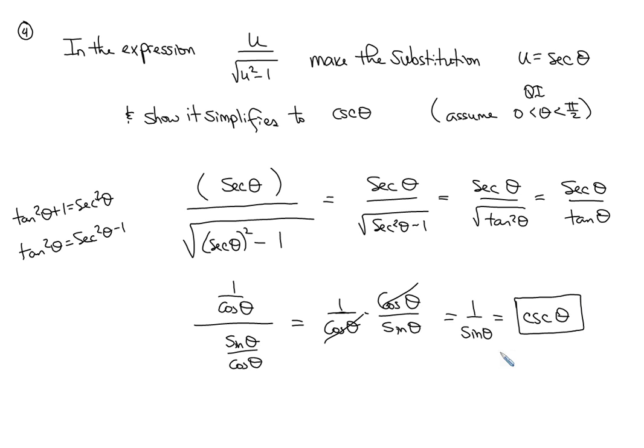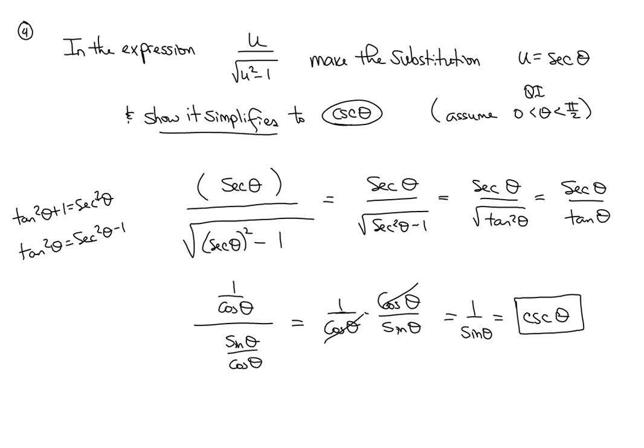Now, how did I know to keep going from 1 over sine theta to cosecant theta? They told us to show that it simplifies down to that. If they did not tell us to show that it simplifies down to anything in particular, if they just told us to simplify, then we could have stopped at either one of these two answers because they're both involving simply one trig function.